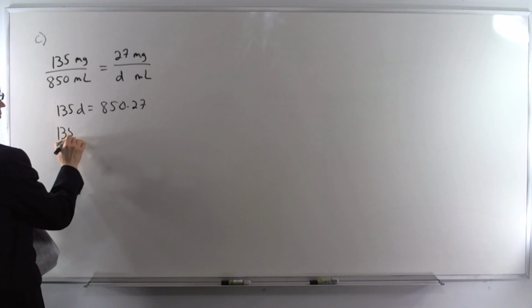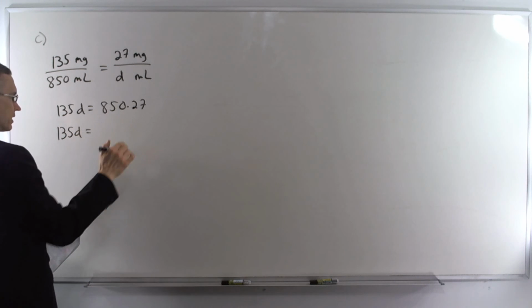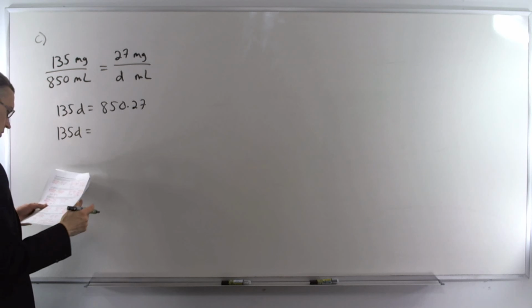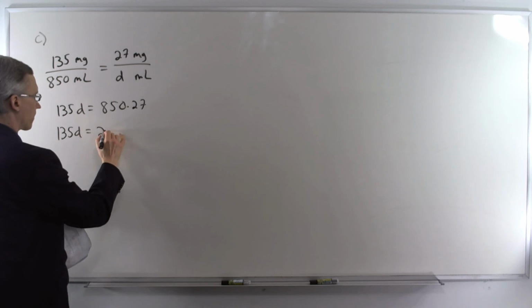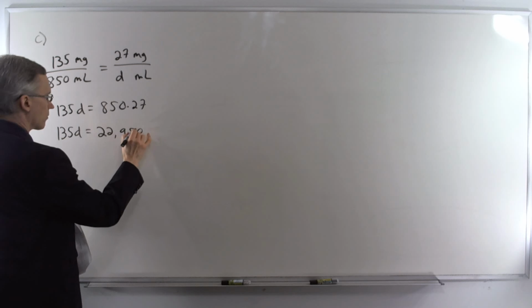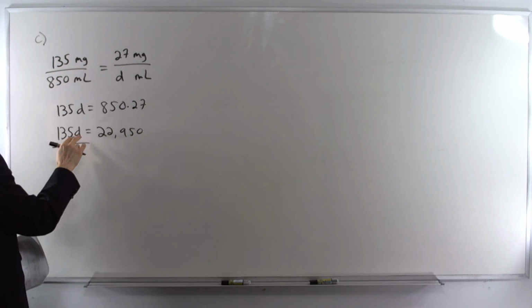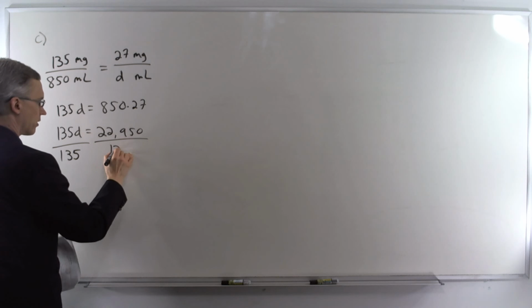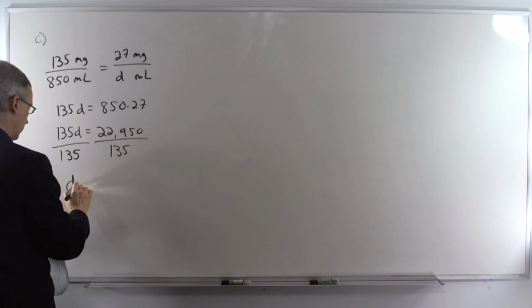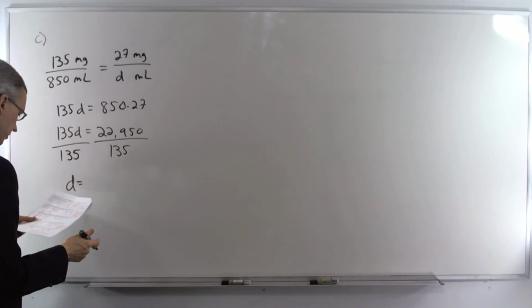Multiplying these numbers out, you get 22950. Then we'll divide both sides by the number next to the variable, 135. And D equals 170.